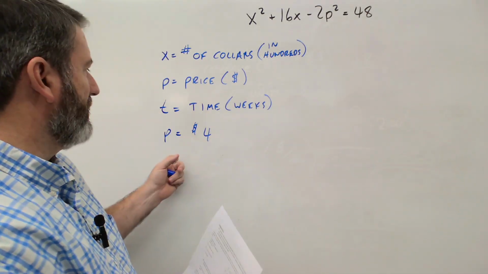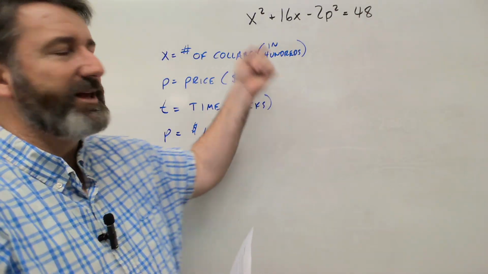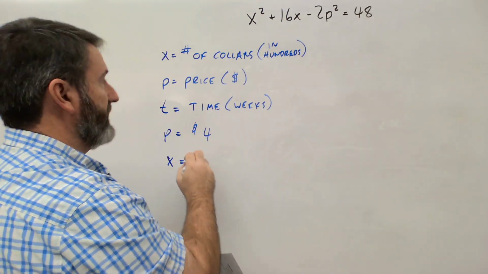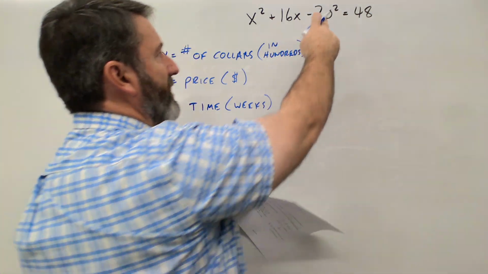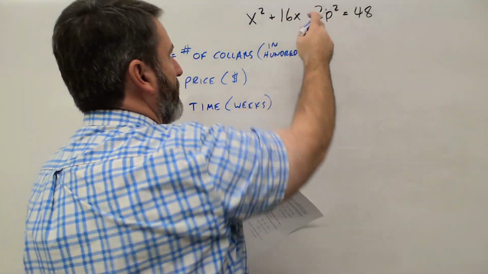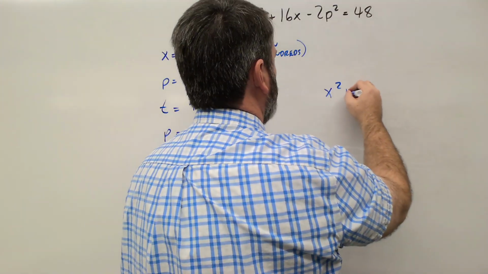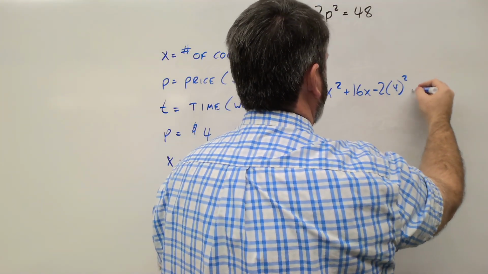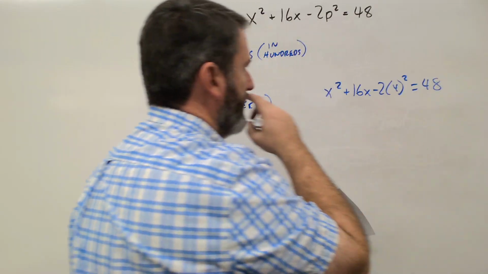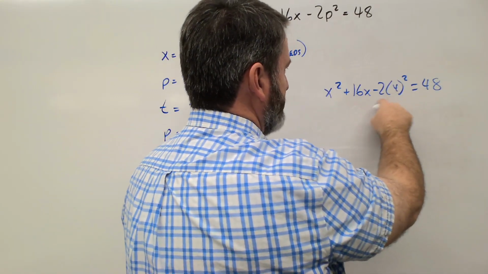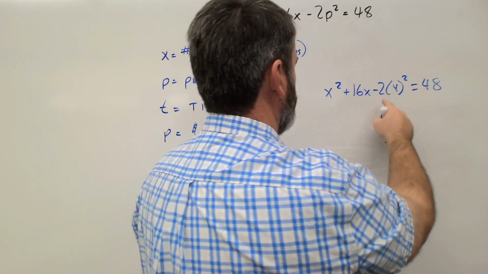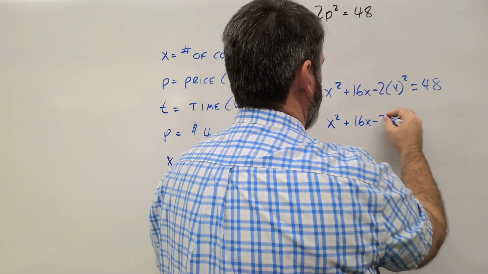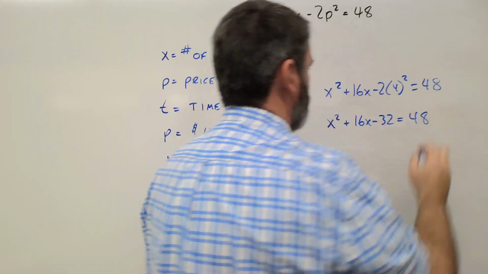And then we're not given X, but we can solve for X. Let's figure out what X is going to be. So we know that P is 4, so let's plug in 4 for P. So we're going to get X squared plus 16X minus 2 times 4 squared is equal to 48. So 4 squared is 16 times 2 is 32. So X squared plus 16X minus 32 equals 48.